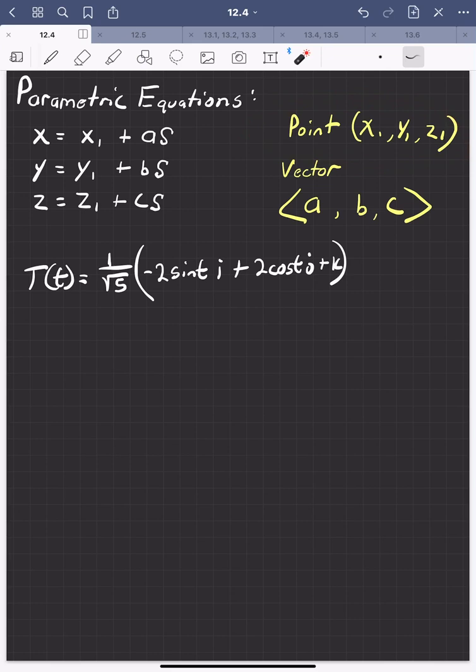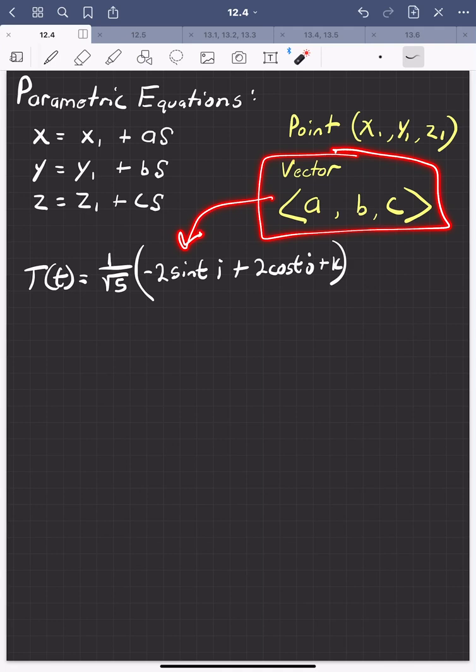But we also recall we need that vector that runs parallel to that line. Now, to make sure you understand, this point is given. This vector will be derived from the unit tangent vector.